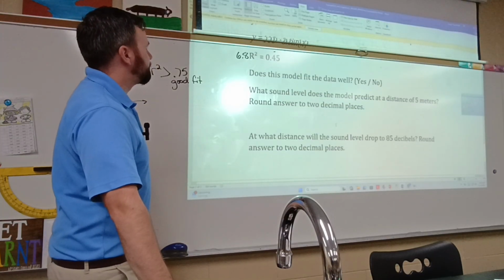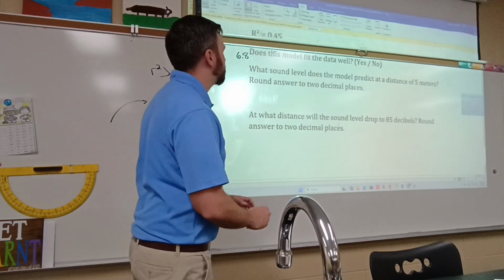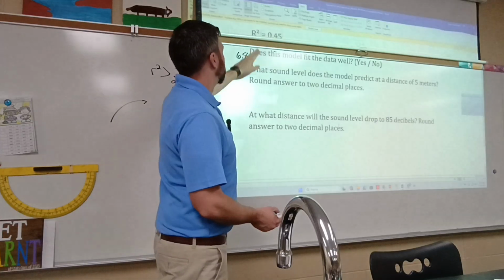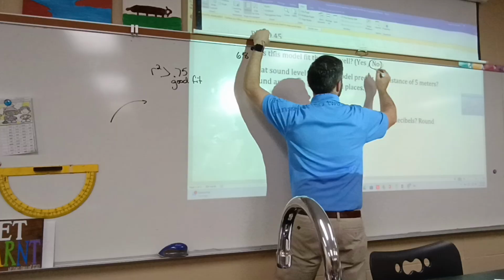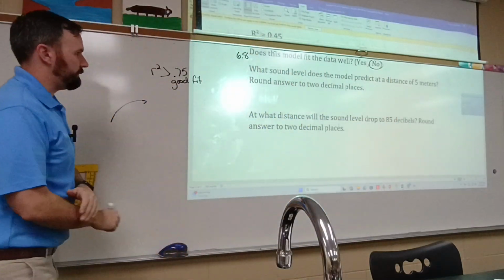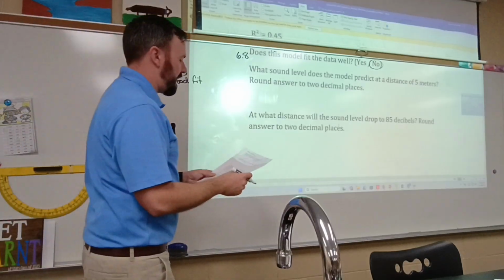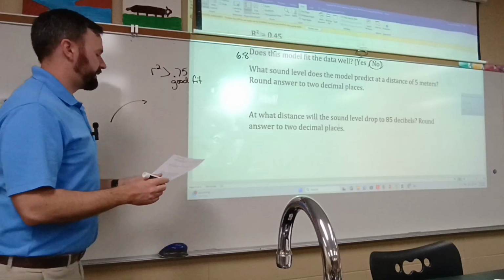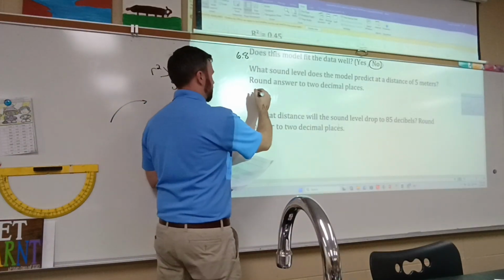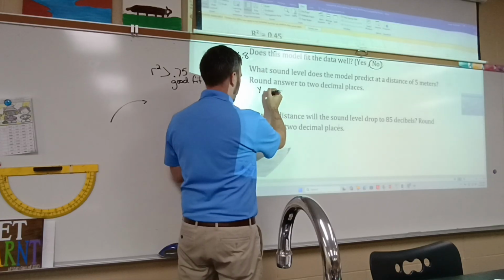First things first, does this fit the data well? What's my R squared? 0.45. Is that a good fit? No. All right. What sound level is predicted at 5 meters? So am I putting in the 5 for the X or the Y on that equation? X was distance.